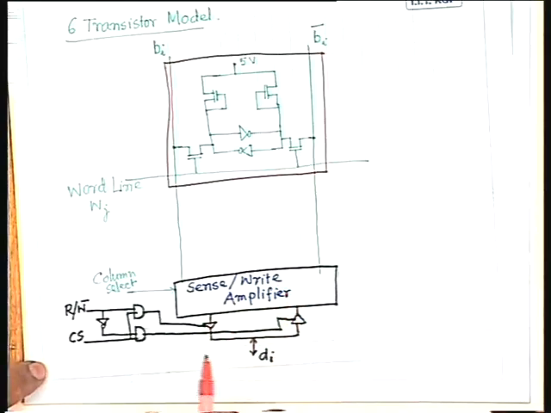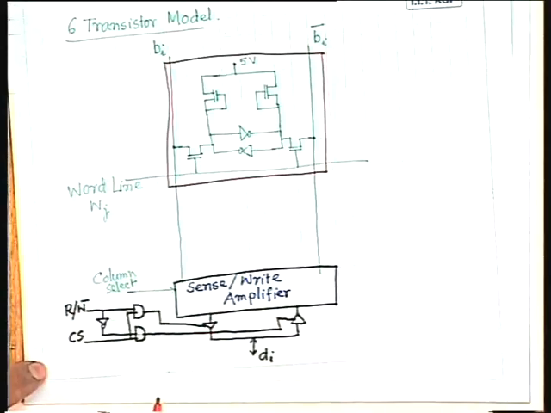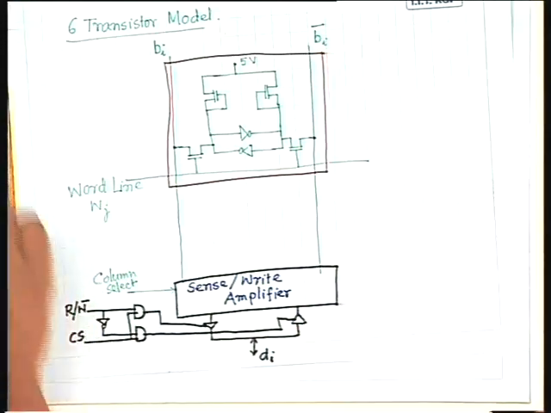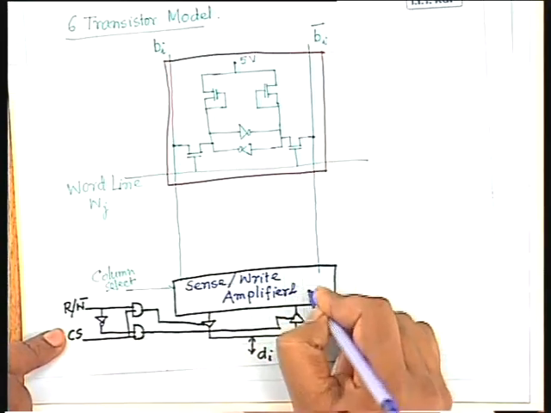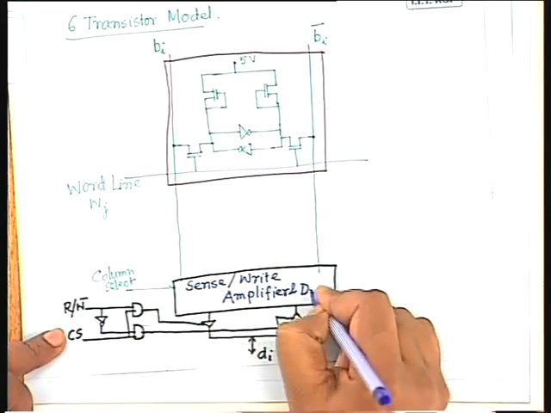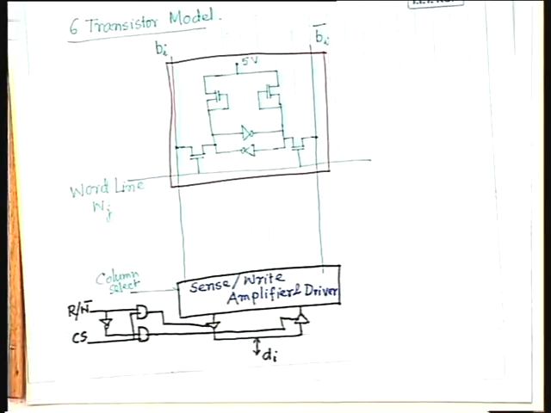Along with that, this unit also performs the additional task of driving lines BI and BI complement, both for reading purpose and writing purpose. So I can call it the sense write amplifier cum driver.